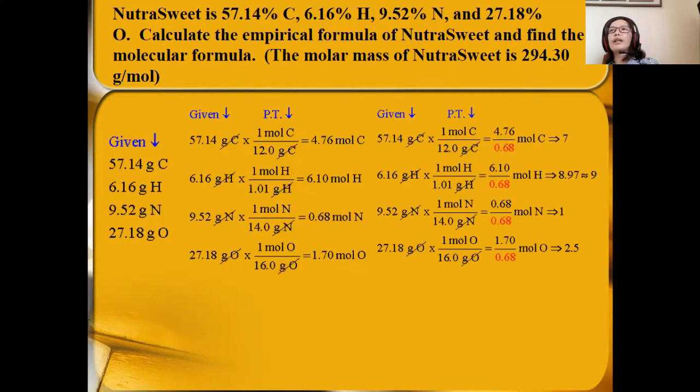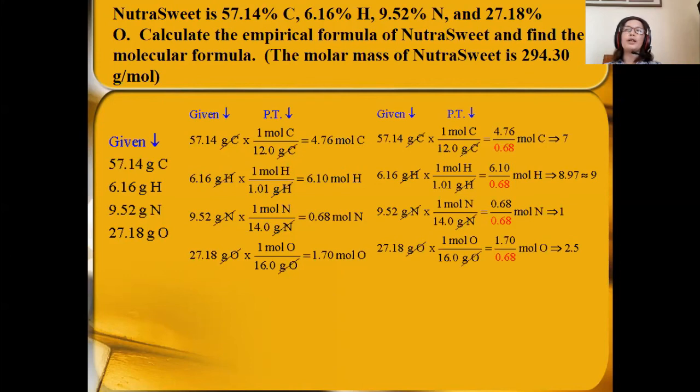And therefore, the ratio is 7:9:1:2.5. Again, take note, we cannot use 2.5 as a subscript in a compound. So what are you going to do? Okay, correct. You multiply that by the smallest possible number that will give the smallest whole number ratio, and that is 2.